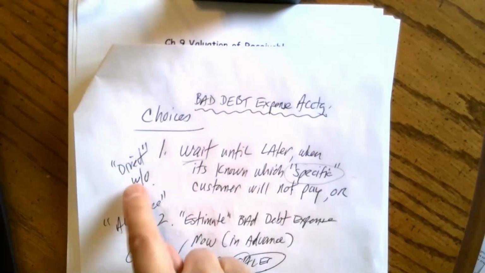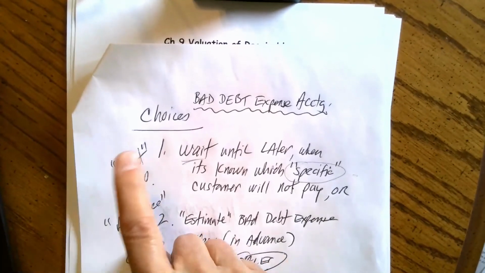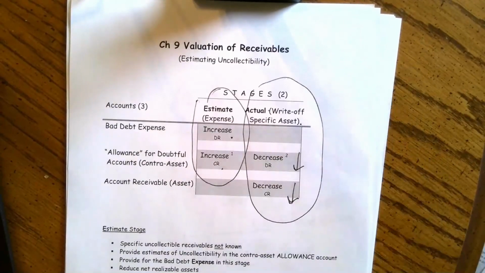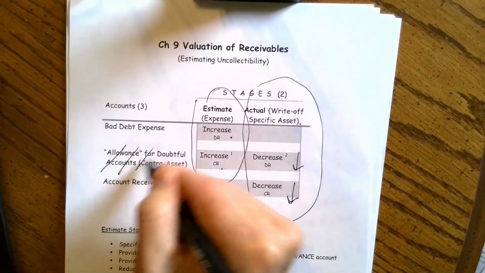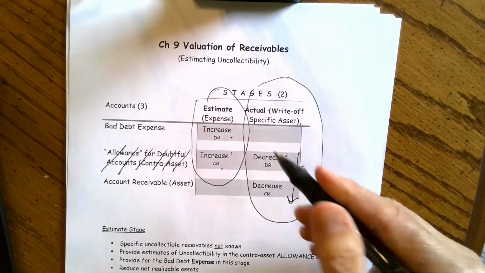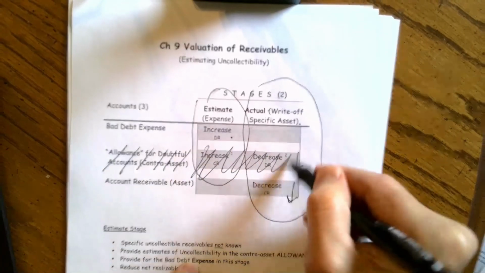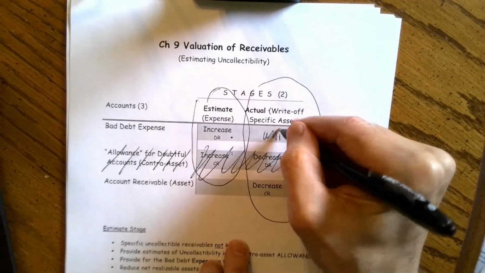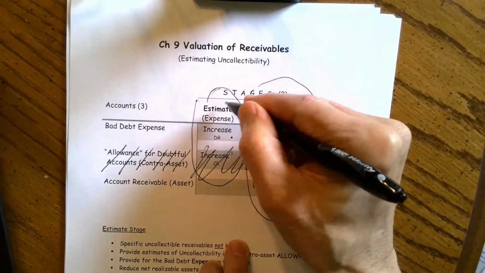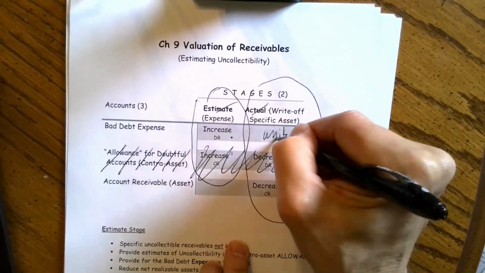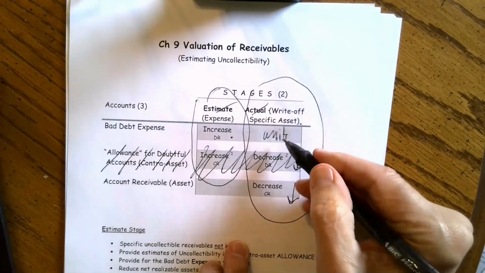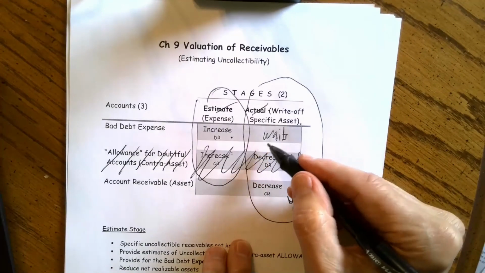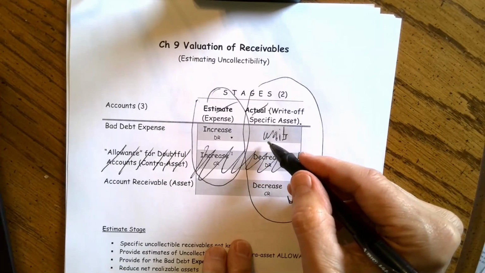One final contrast to the direct write-off method, which is not GAAP. The direct write-off method does not use an allowance account. There's not an estimate and actual stage. It simply waits until an actual account receivable of a customer is not collectible and then writes it off.